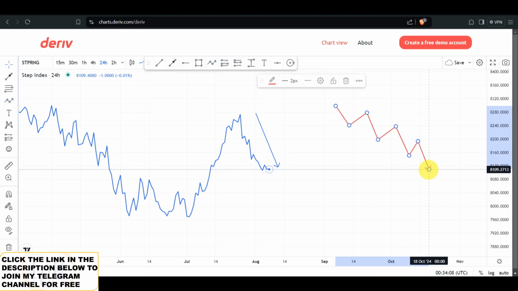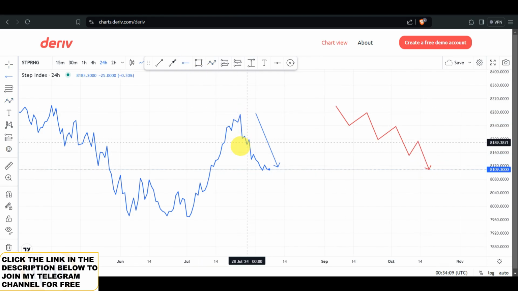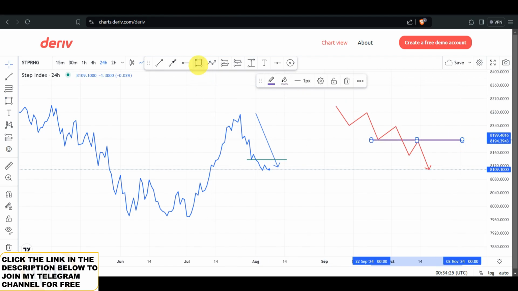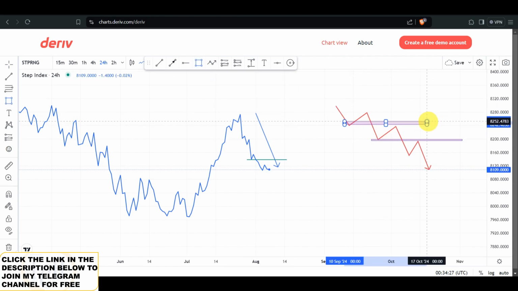So as you can see right here, after the break of this structure, it was expected, what was expected after the break of this structure? It's pretty simple. It was expected the market would continue to buy until the market comes to retest that broken structure, like what happened right here and also right here.